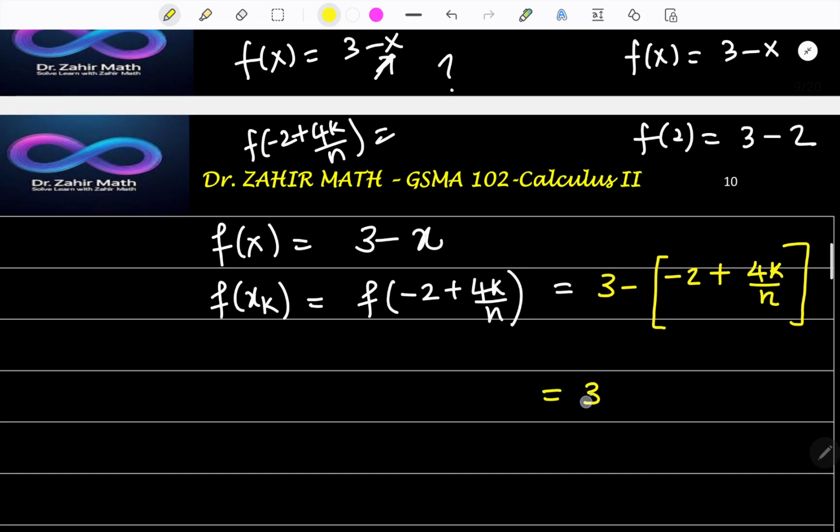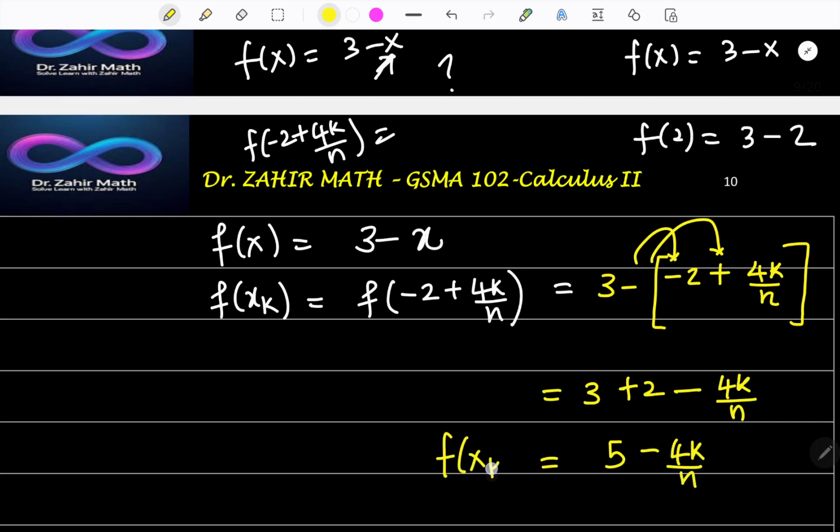So this equals 3, minus of minus is going to become plus 2, and minus of plus is minus 4k divided by n. So 3 plus 2 is 5, 5 minus 4k divided by n. This is your f of xk. Clear all of you? So simple. If you do it by step, it's very, very easy.